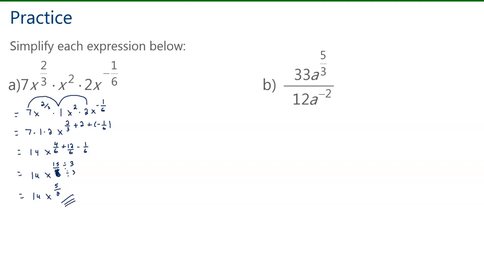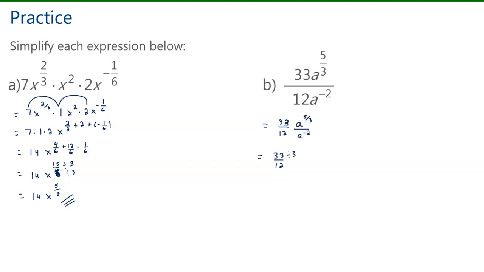For B, we have 33a to the 5 over 3 divided by 12a to the negative 2. First, let's do 33 divided by 12. And then a to the 5 over 3 divided by a to the negative 2. 33 over 12 has a common factor of 3.